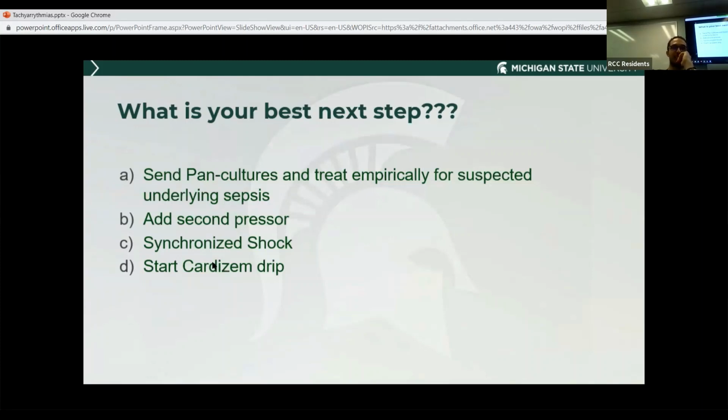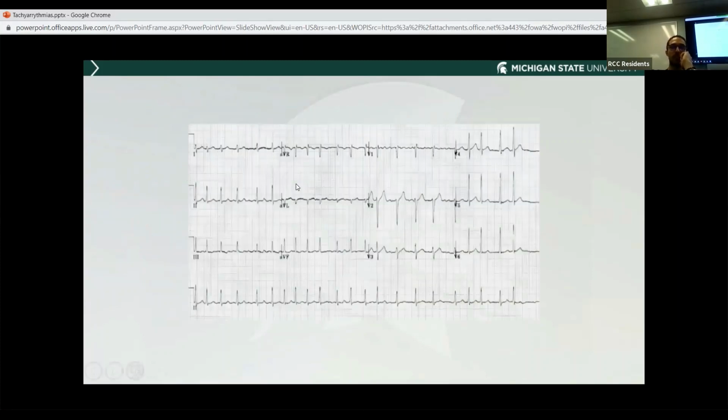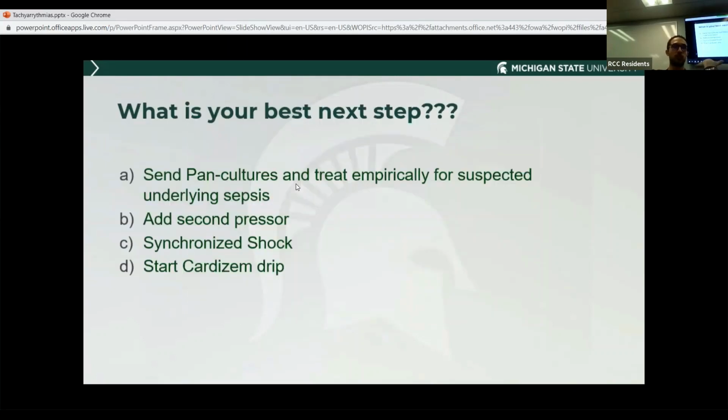Yes. All of these are true cases. And this patient, for example, was at least 7-8 hours till the next morning. By the time we went, he was already maxed on 2 pressors. Just a single shock will completely bring him back. So yeah, send pan cultures, do everything. Why he went into AFib, maybe he's septic or whatever.